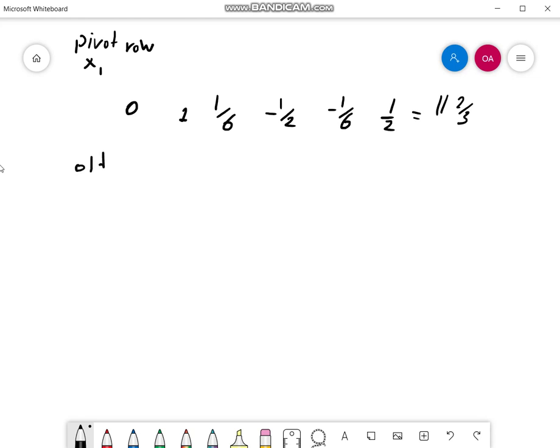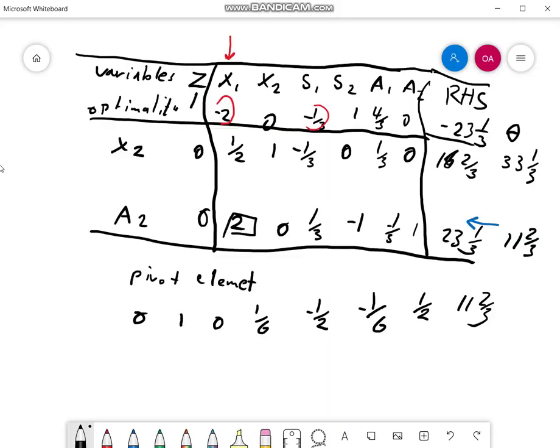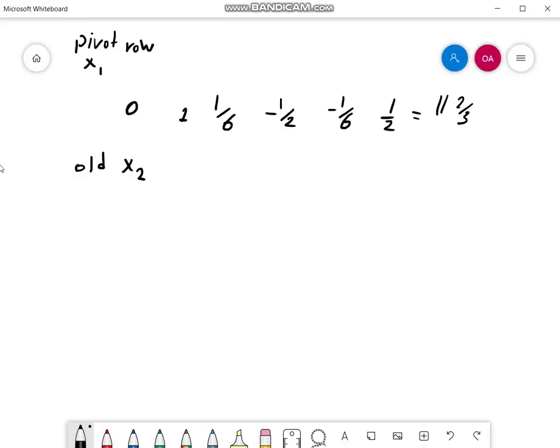So I have the old x2, which I pick up the original one. So I will put the original values. It starts with 0, half, 1, minus 1 over 3, 0, 1 over 3, 0, which is equal to 16 and 2 over 3.